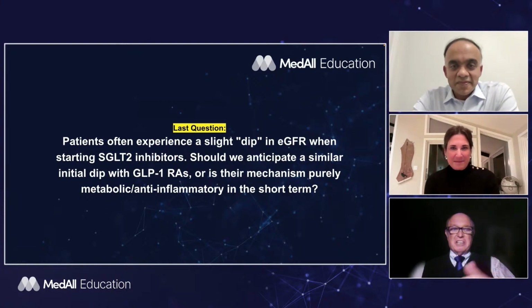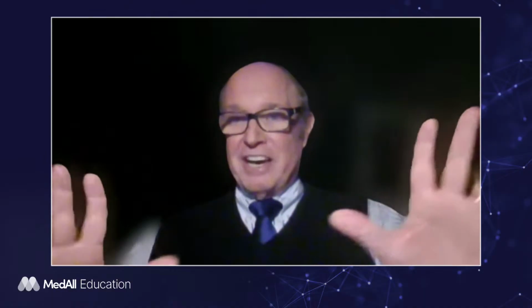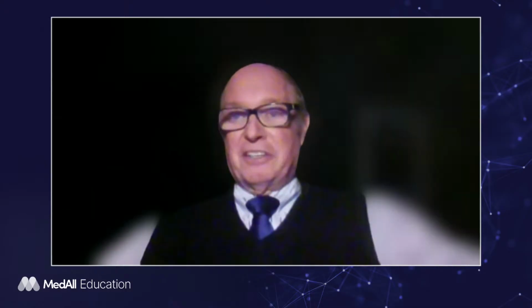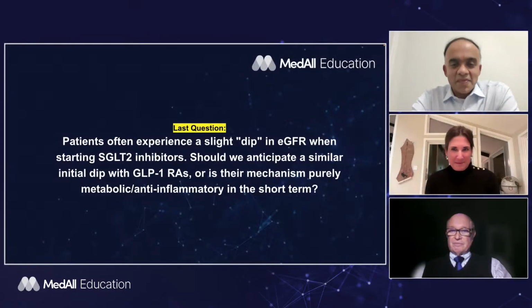I'm not used to seeing a dip, or a lot of information on a GLP-1 dip. I know Dr. Bakris used to always say, as long as the creatinine didn't bump 30%, hold tight to what you're doing and don't worry about it. Because some people measure the creatinine early on, see it goes up a little bit, and stop the other therapy. So we should just be cautious not to do that kind of thing. Excellent.